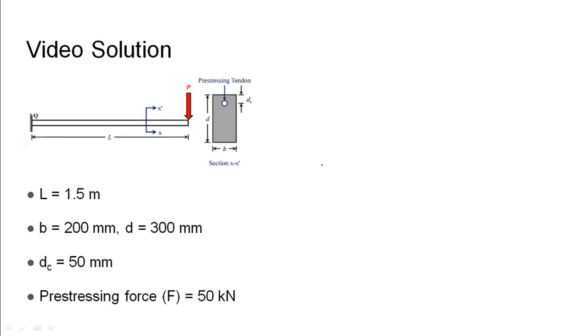Coming to the solution, we are given the following data. So firstly we would need the diagram. So we are given the beam, this is our prismatic beam, and we are exerting the force somewhere here, and we need to find the stress on the top, which is Q. So let us extend this axis.